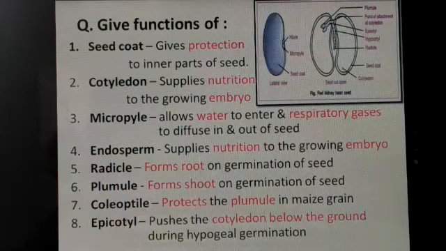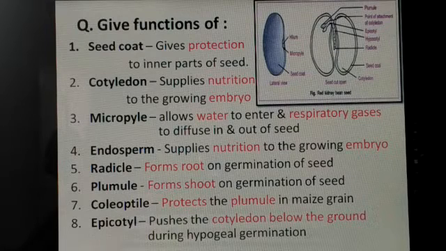Now next structure I have mentioned here is epicotyl. Epicotyl and hypocotyl, if you remember, we have discussed before, are part of the embryonic axis. Epicotyl pushes the cotyledon below the ground during hypogeal germination.